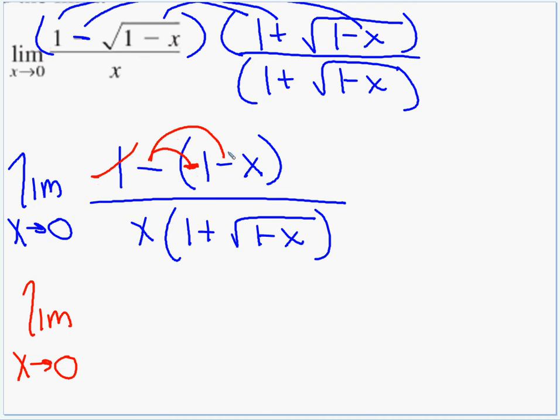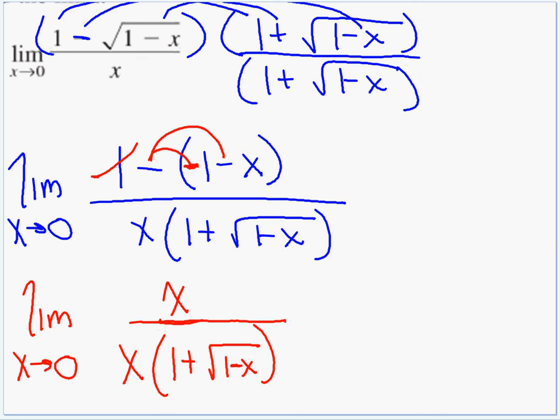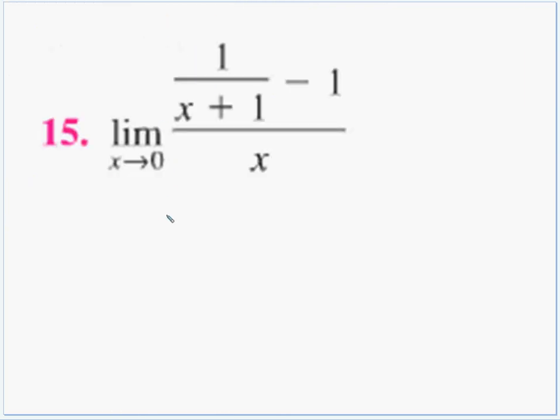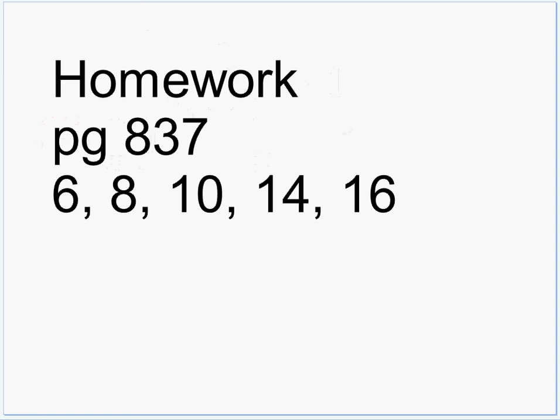This minus times this minus changes it to a positive, x over x times 1 plus the conjugate. The x's will cancel. So now we can direct sub in the 0. Numerator 1, 0 goes here. 1 minus 0 is 1. The root of that is 1. So again, we get another answer of 1/2. Okay, that's right.